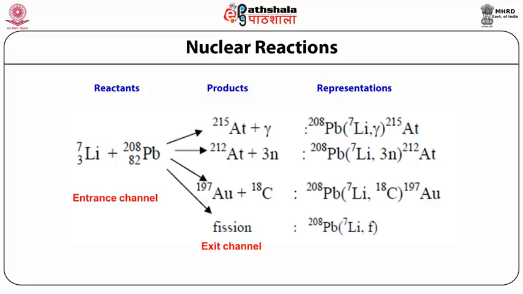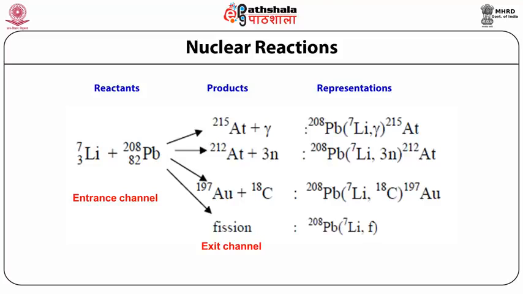The nuclei which undergo reactions are called reactants. Once they react, the outcome is called the products. Then nuclear reactions can be conveniently represented in a compact form, and those compact forms are called representations.